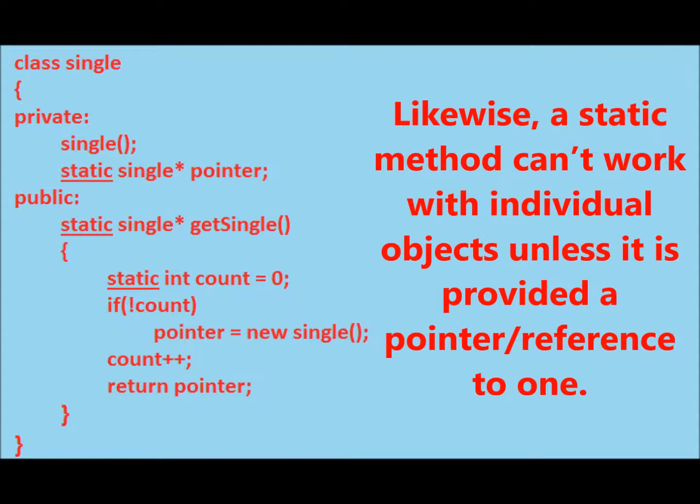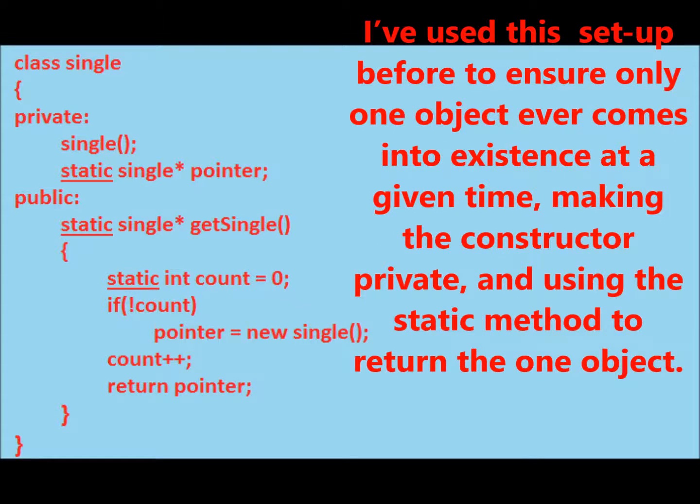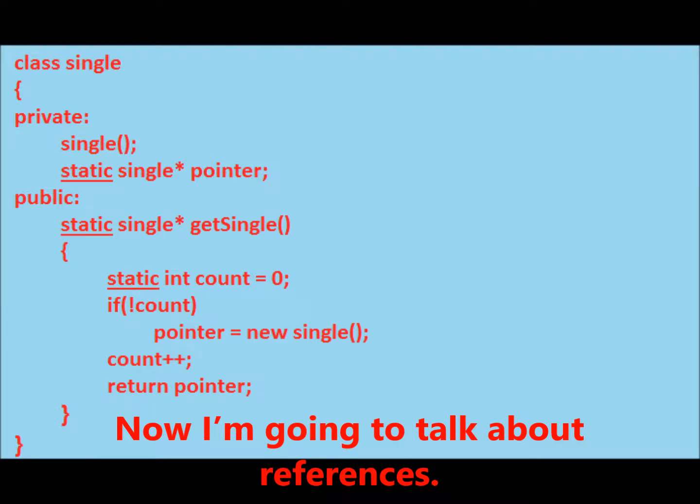Likewise, a static method can't work with individual objects unless it is provided a pointer reference to one. I've used this setup before to ensure only one object ever comes into existence at a given time, making the constructor private and using the static method to return the one object.